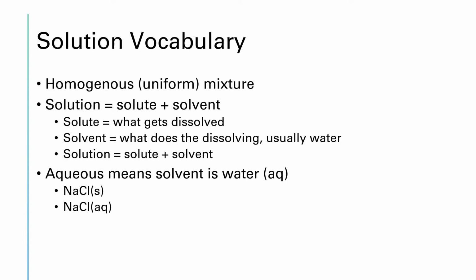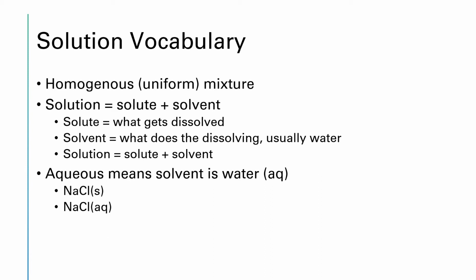So let's start with some of the basic vocabulary. First of all, what in the world is a solution? A solution is a uniform or homogeneous mixture. So we're going to take two or more things, mix them all together, and if it looks like one thing when we're all done, it's a solution. A solution is made up of a solute combined with a solvent.